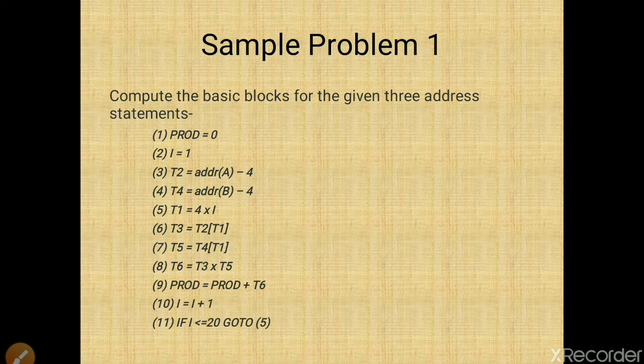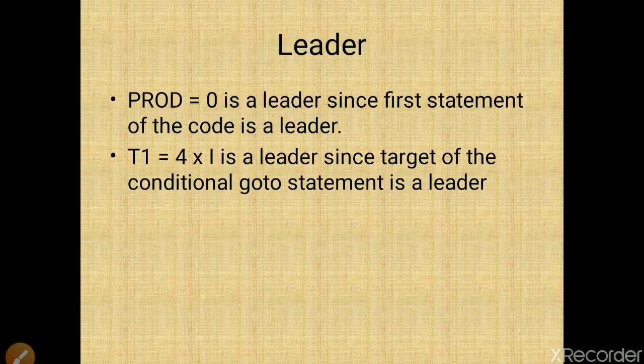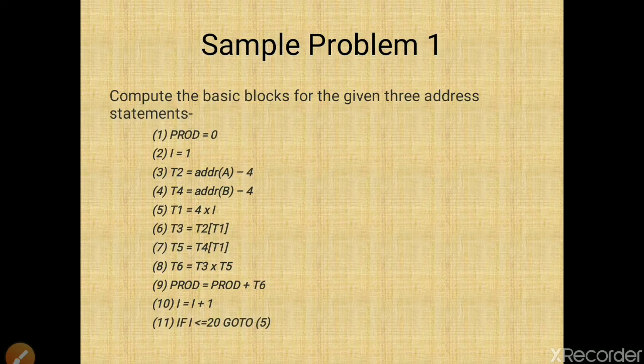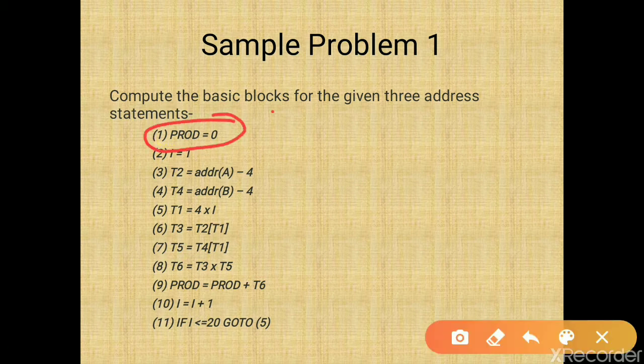How to determine the basic block? For finding the basic block, you have to find the leaders, right? So which one is the first leader? This is the first leader, the statement 1 leader. Then this fifth statement is a leader, right?